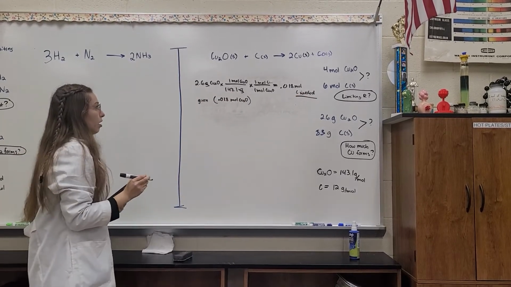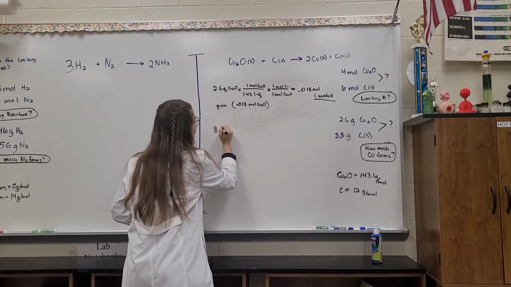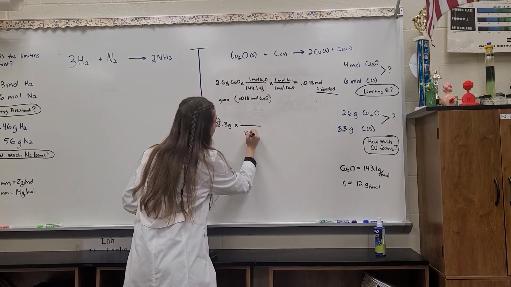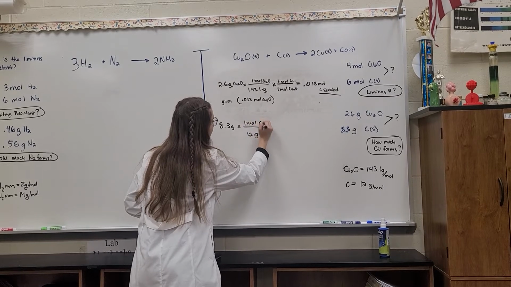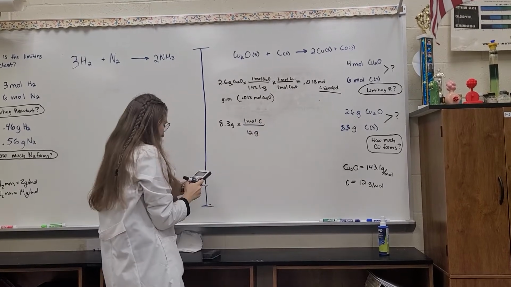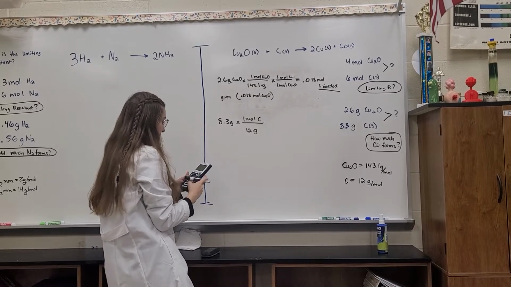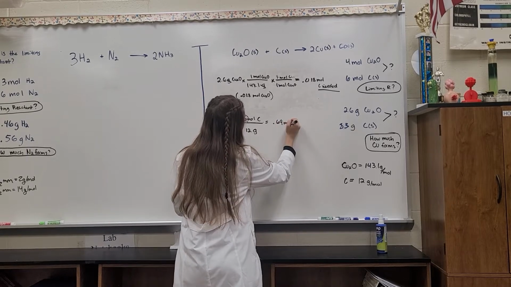So now we have to figure out how much carbon we were given. That's 8.3 grams. Again, we use the molar mass, which is 12 grams of carbon per 1 mole of carbon. Divided by 12, it's going to give us 0.69 moles of carbon given.